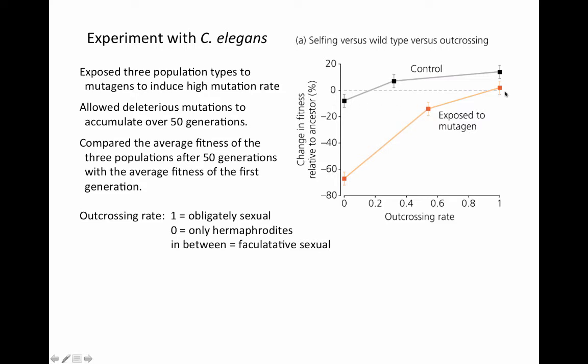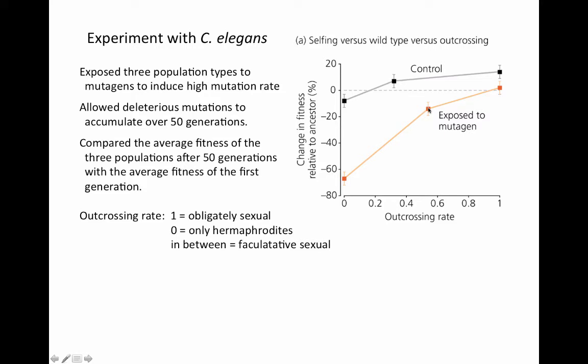We see a little bit greater average fitness, but certainly no decrease in average fitness in this obligately outcrossing population where the females don't produce sperm. And the ones in between are less fit, but not as much so as the ones that were just hermaphrodites.